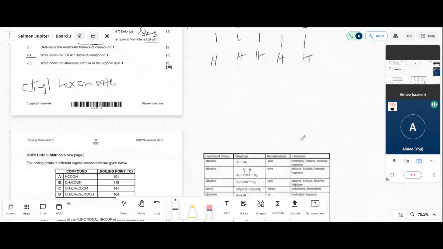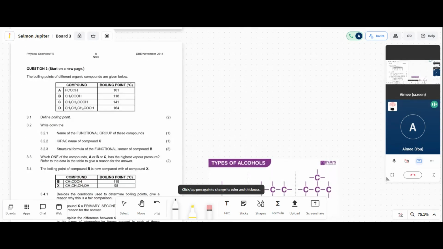It says that the boiling point is defined as the temperature at which the vapor pressure of a substance equals atmospheric pressure. One more time, the temperature at which the vapor pressure of a substance equals atmospheric pressure. Okay, that's not something you can just guess. You have to know it, which is again why I say chemistry, the more you study, the better you do.